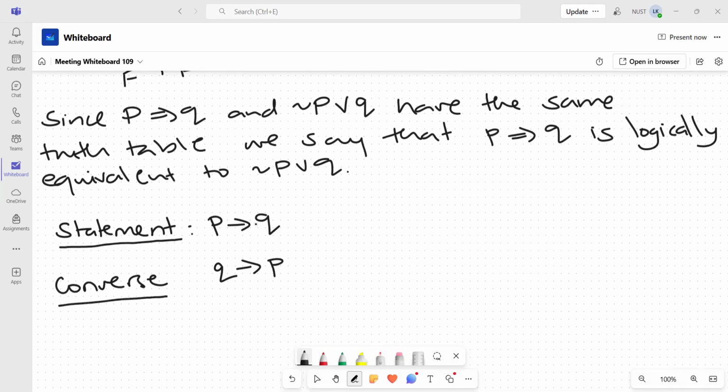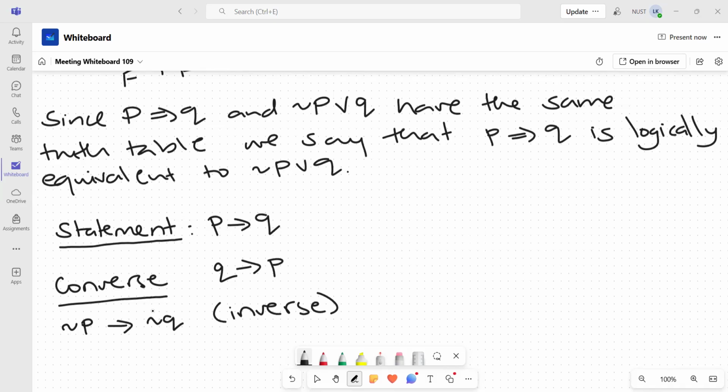Converse just means you turn the arrow so that it faces the other way. So Q implies P. And then we have not P implies not Q. This is what we call the inverse of the statement. So just negate both of them, but the arrow remains.